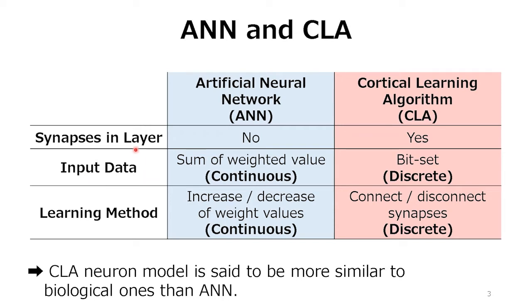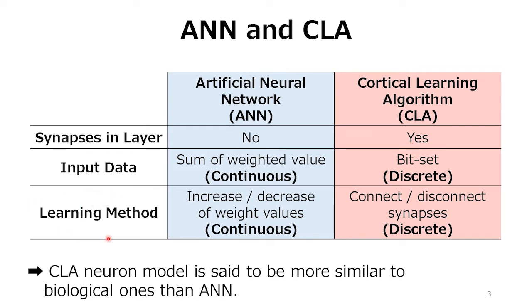In the viewpoint of input data, ANN receives a sum of weighted value, which is a continuous real value. On the other hand, CLA receives a bit set, which is a discrete value.